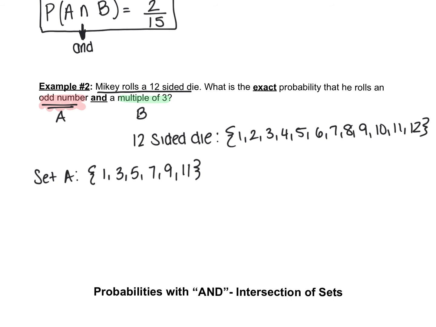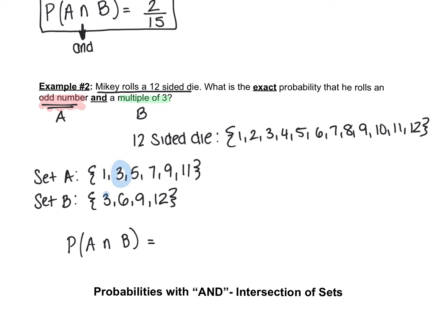And then event B says multiple of 3. So let's call this set B. So set B is any multiple of 3. So let's count by threes. 3, 6, 9, and 12. So if I want to find the probability of event A and event B, remember the symbol for and, I'm looking for what's in common or what's the intersection.